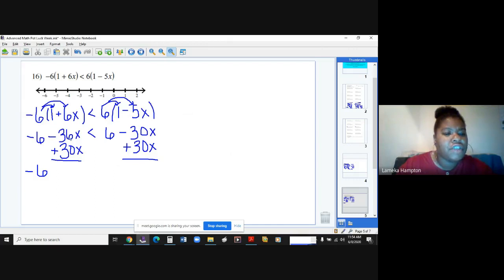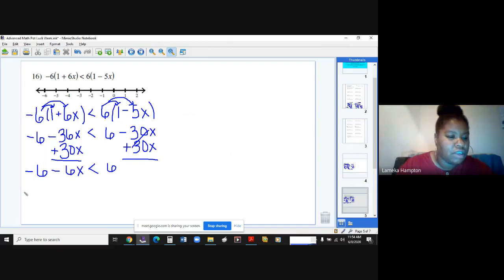So when I have -36 plus 30, that leaves me with a -6x. And these things cancel out. Okay, so that's why I crossed that out. Now, my x is already on one side.